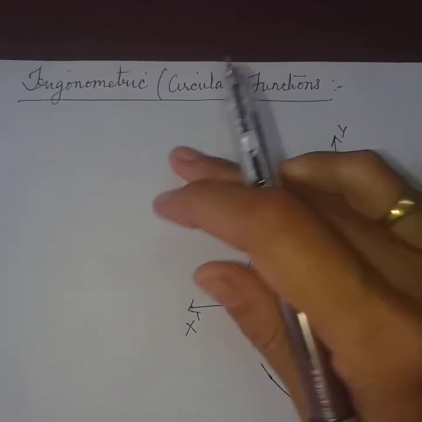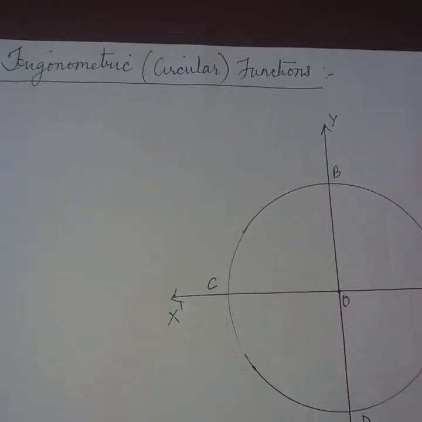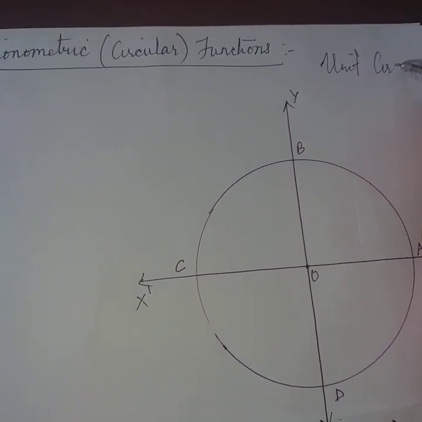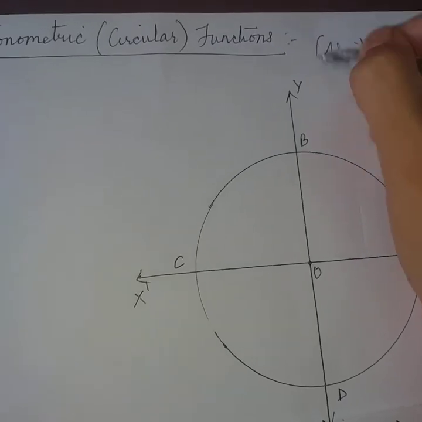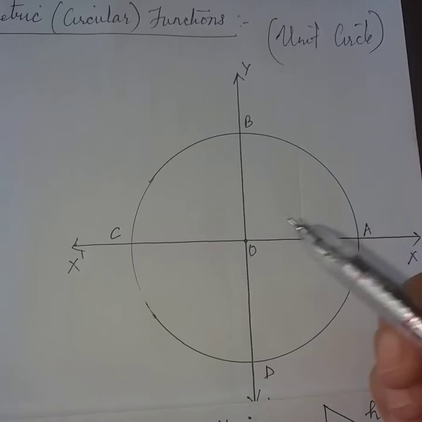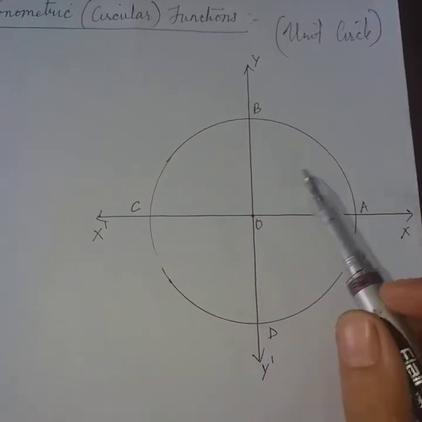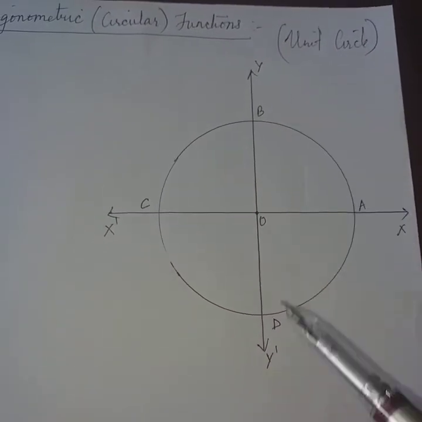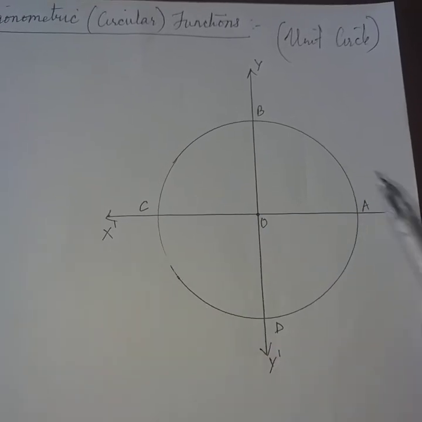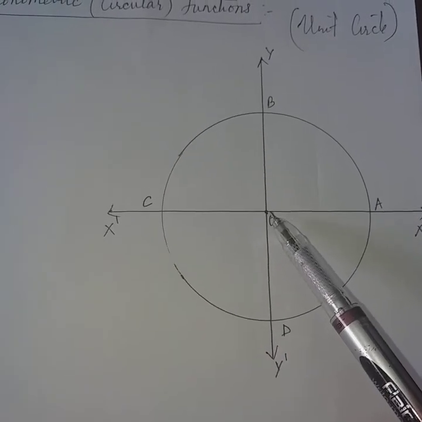Now we will learn the definition of trigonometric functions using a unit circle. A unit circle means a circle whose radius is 1 unit. So in the Cartesian system we will draw a circle of 1 unit taking the origin as the center.